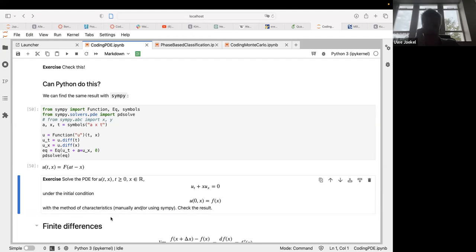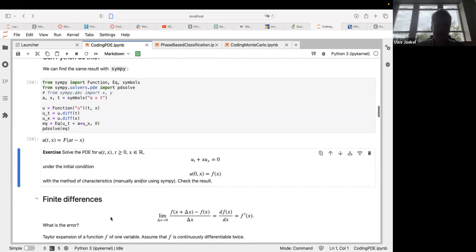But in many applications, in particular in fluid dynamics or structural dynamics, you will have to resort to numerical methods. And there's a huge selection of numerical methods.